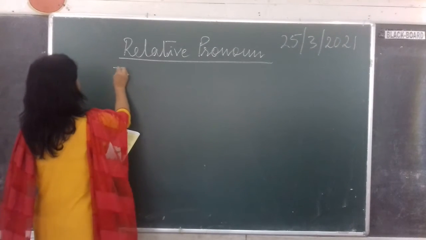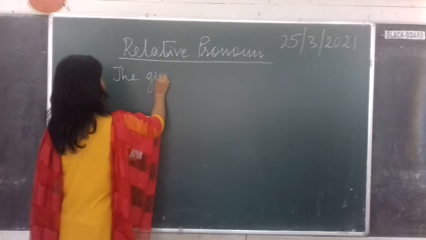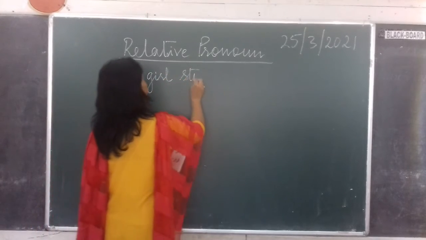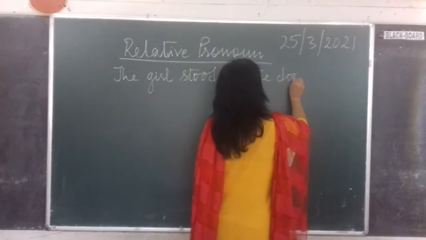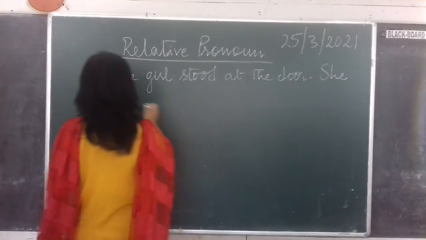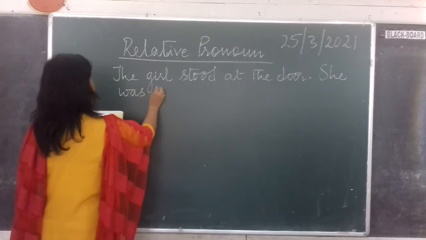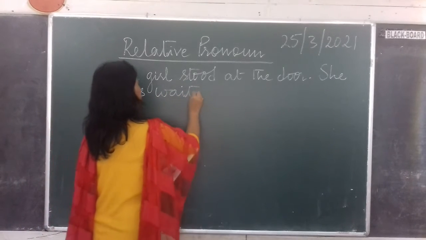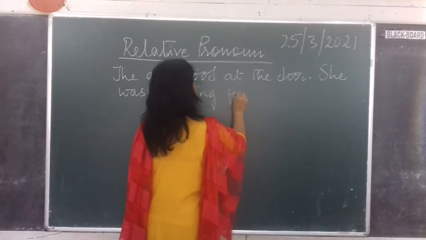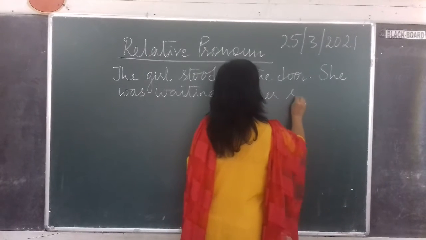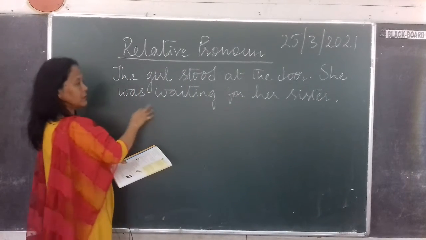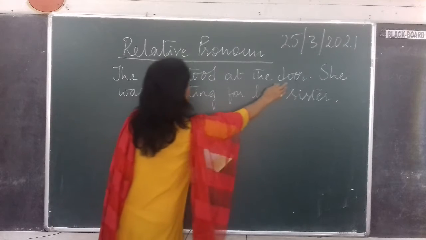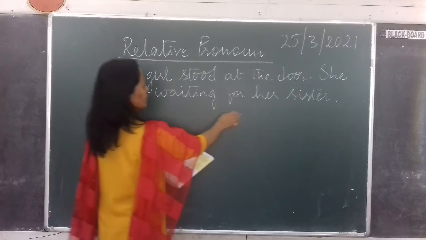Like the girl stood at the door. So this is one sentence. She was waiting for her sister. So these are two sentences. The girl stood at the door, full stop. She was waiting for her sister.